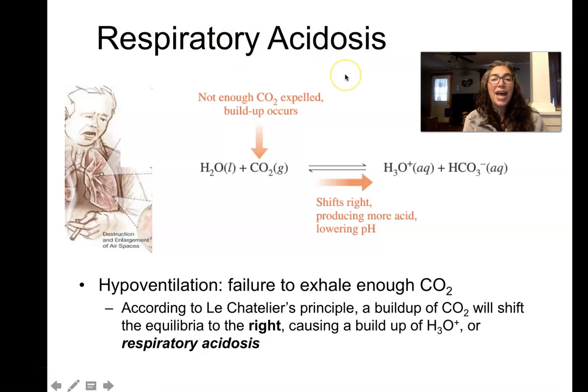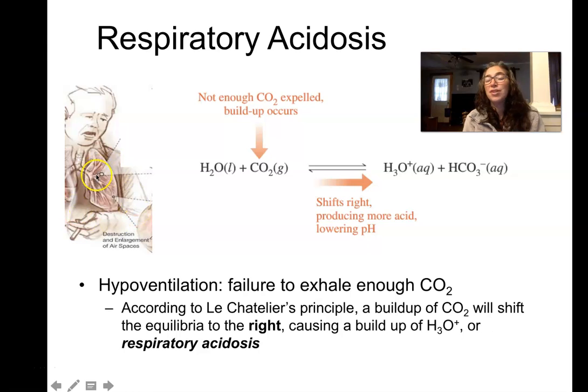In respiratory acidosis, you're increasing the amount of carbon dioxide in the blood, and that increases the amount of carbonic acid and the amount of hydrogen ions. This can happen in people with hypoventilation, so people who can't exhale fully due to things like COPD and emphysema.